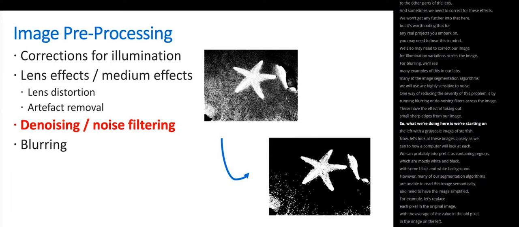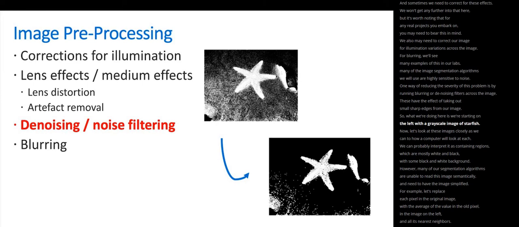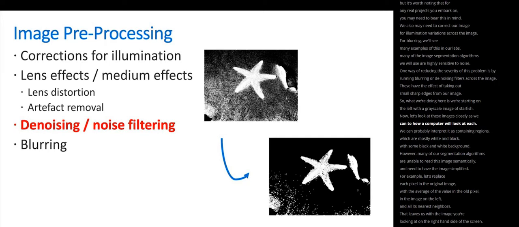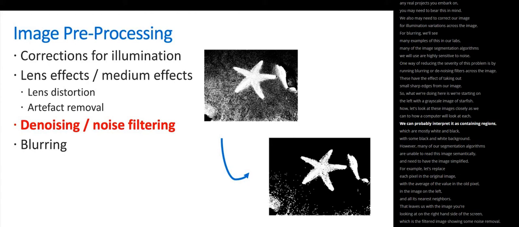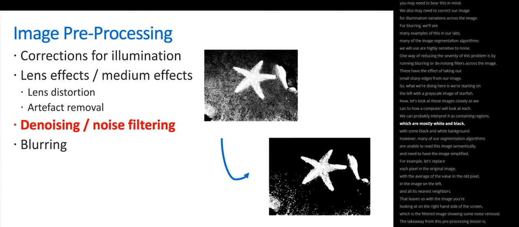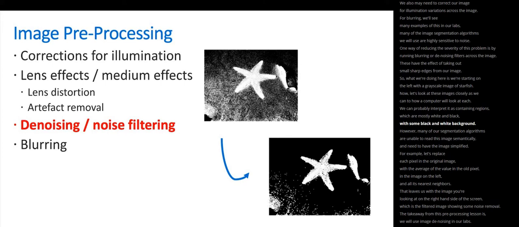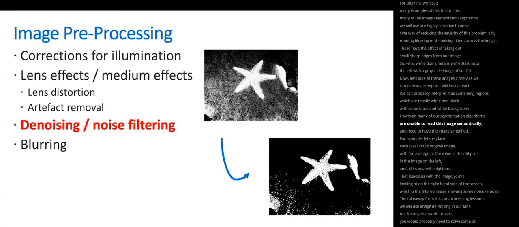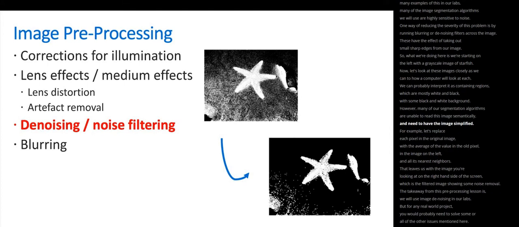So what we're doing here is we're starting on the left with a grayscale image of starfish. Now let's look at this image as closely as we can to how a computer will look at it. We can probably interpret it as containing regions which are mostly white and black, with some black and white background. However, many of our segmentation algorithms are unable to read this image semantically and need to have the image simplified.